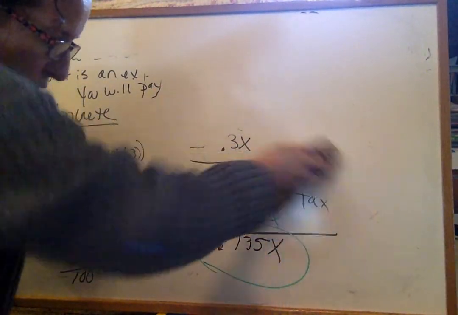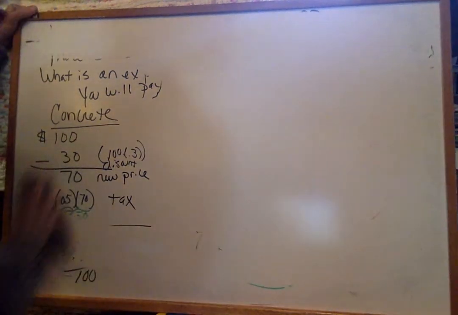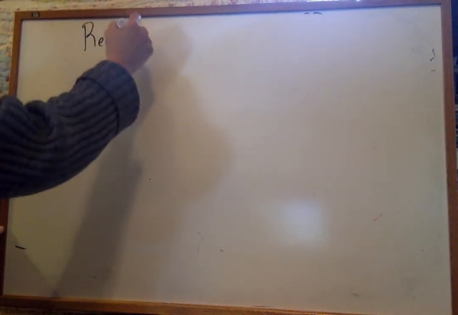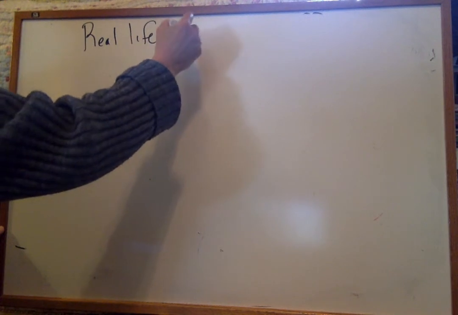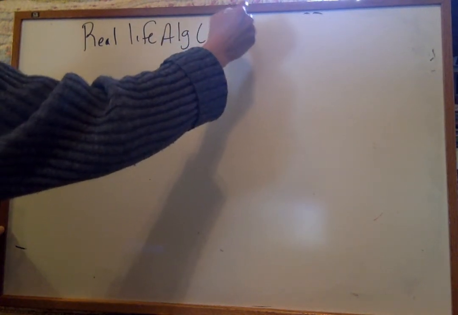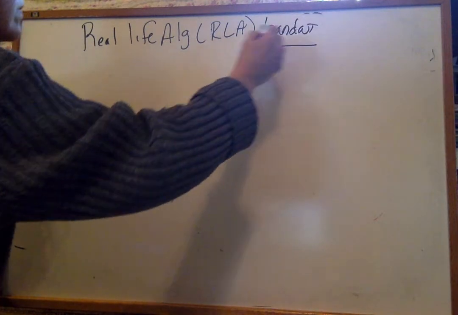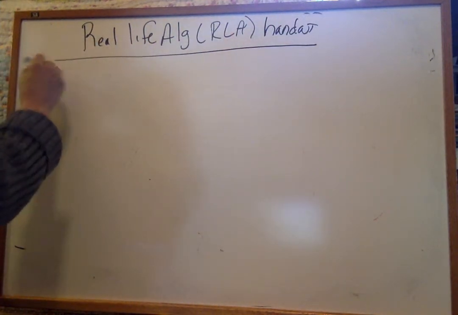We're going to do number 8. So let me give my title first. This is the real life algebra, sometimes I call that the RLA handout. We're going to do number 8.